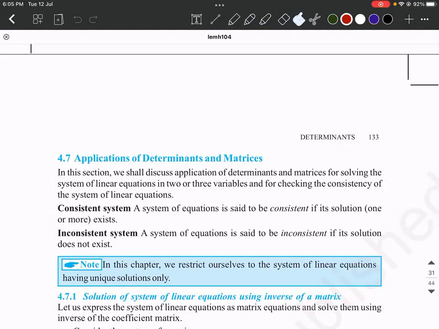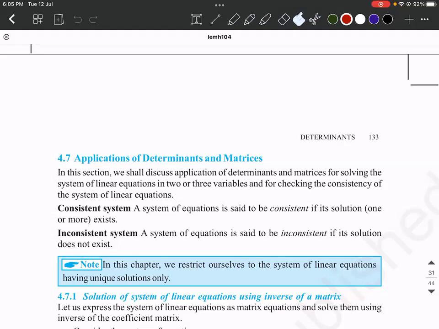But for the inverse to exist, what should be the first condition that should be verified? The square matrix is fine. Using the adjoint method, even before you find the adjoint, what are you supposed to find? Yesterday I told you, find the determinant. If the determinant is equal to 0, forget about the inverse. The inverse does not exist.